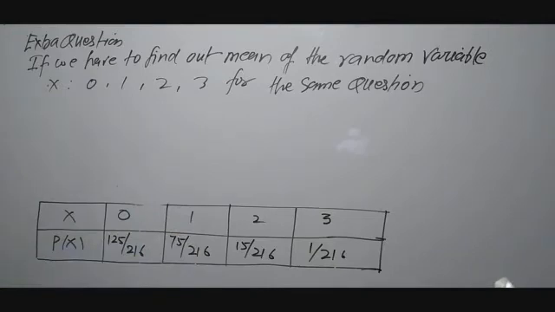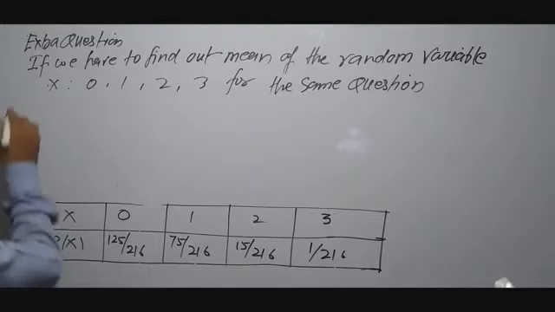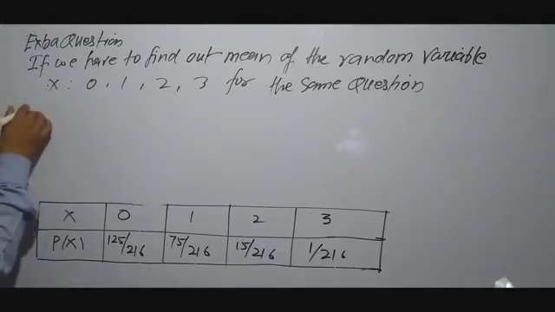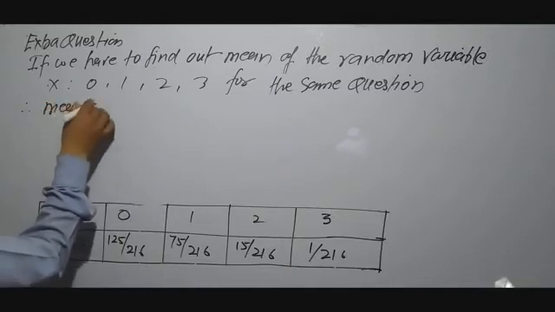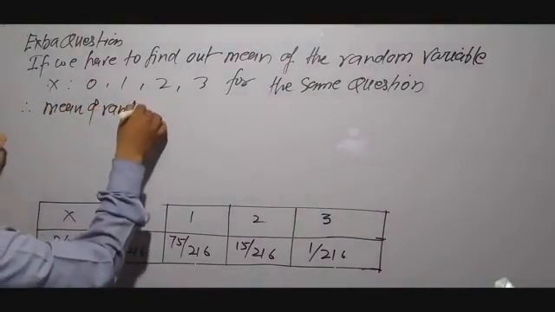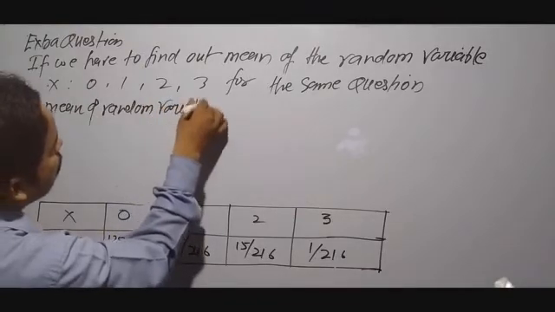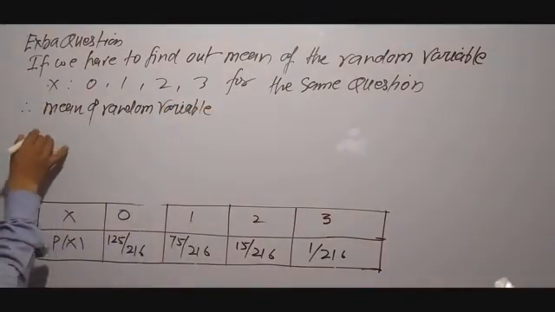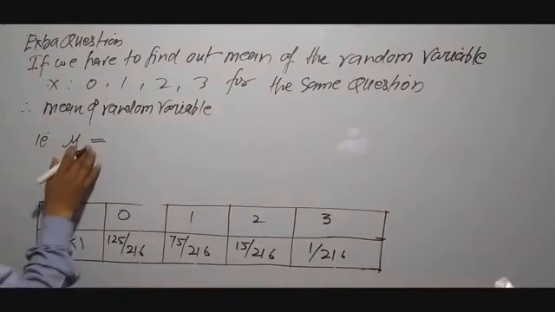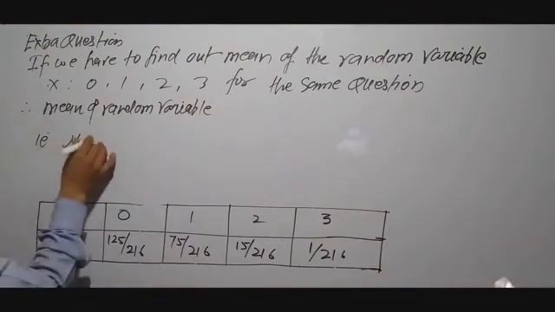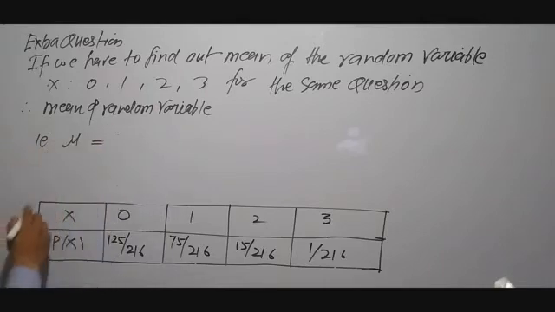Now we have to apply the mean of the random variable, that is denoted by mu, equal to E of x.